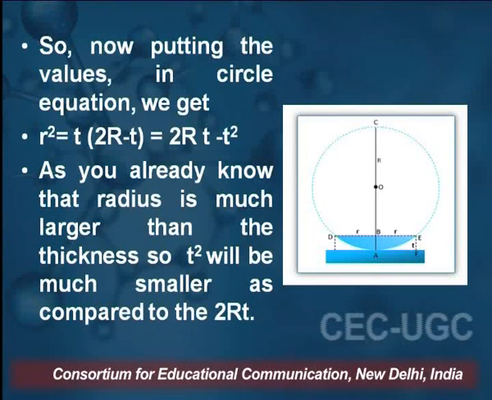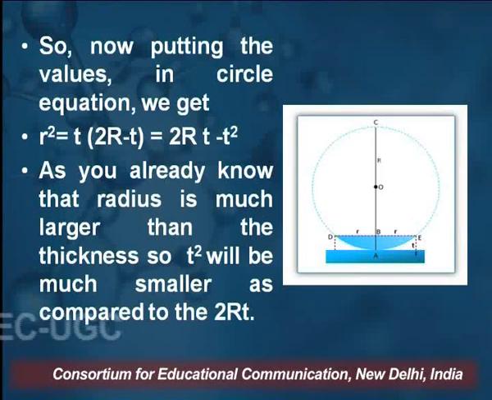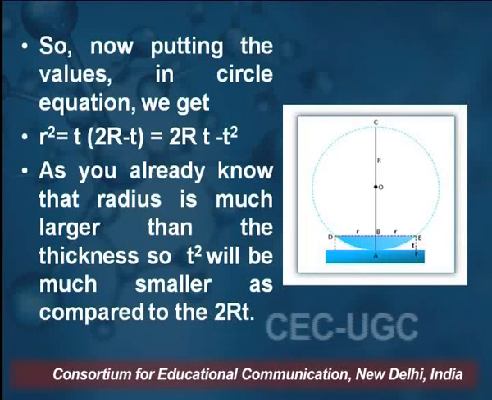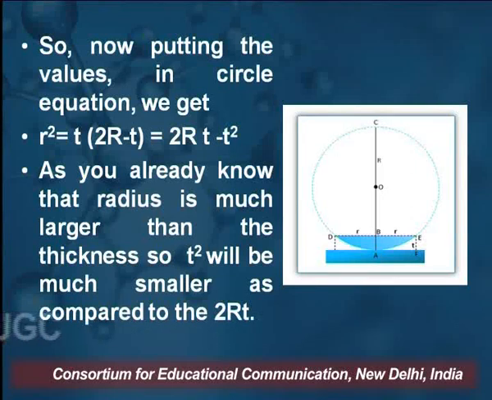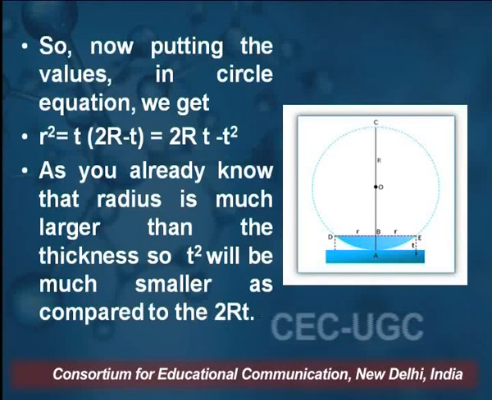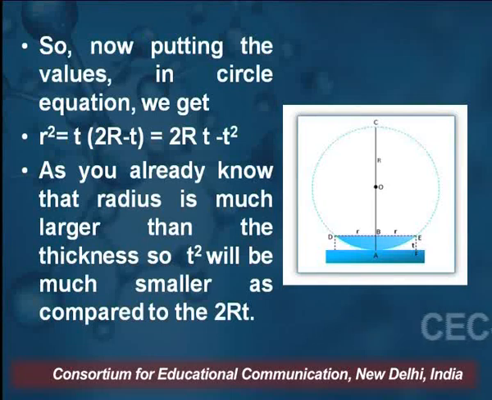As we already know, the radius is much larger than the thickness, so we can neglect t square. The thickness of the air film is very small compared to the radius of the plano-convex lens, so the only term we take is r square is equal to 2Rt.